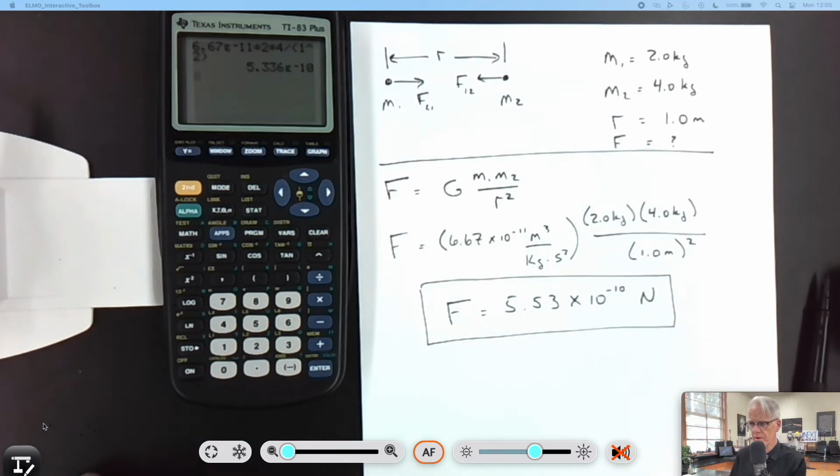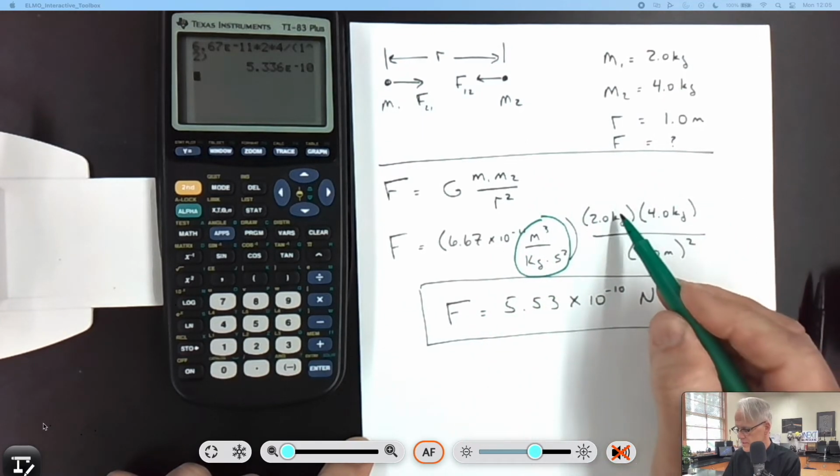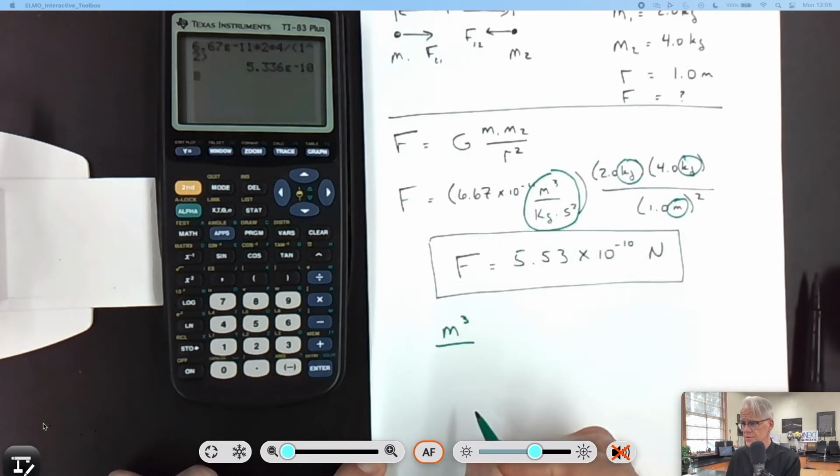Now you may be wondering how we got newtons out of all of these different units here. So to do a unit analysis on this, we're just going to take just the units and go through the equation with them.